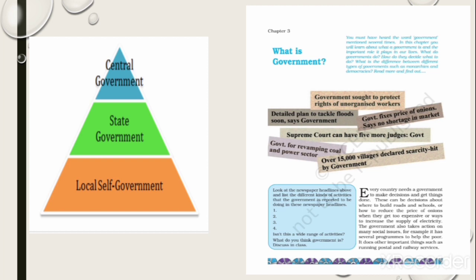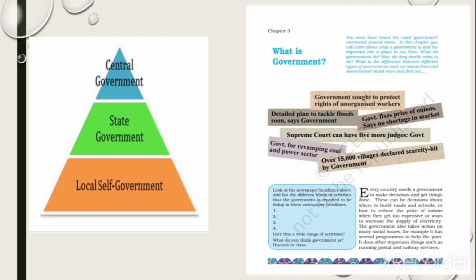The government has a great responsibility of taking decisions relating to where to build roads and schools, how to reduce the price of onions when they get too expensive, or ways to increase the supply of electricity. The government also takes action on many social issues, by launching several programs in order to help the poor.